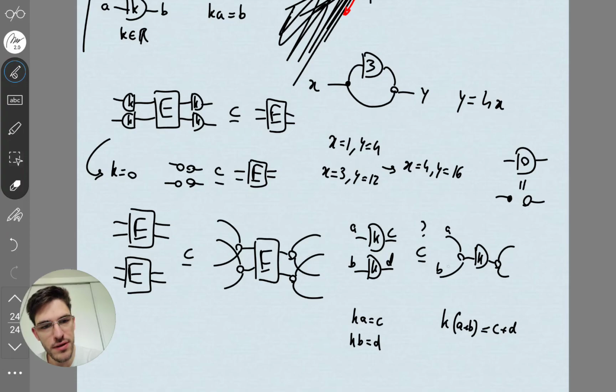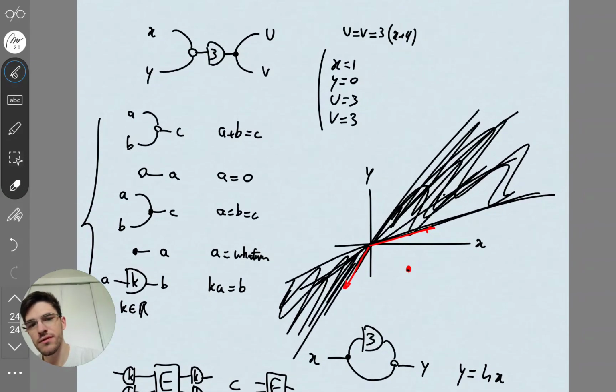Again, A, B, C, D are here. But this one is the same as Ka plus Kb, right? If C is Ka and D is Kb, then yeah, that's clearly the case. So if this is true, then this is true. Good. This is an example of this rule being true. This rule is definitely true for all of that.